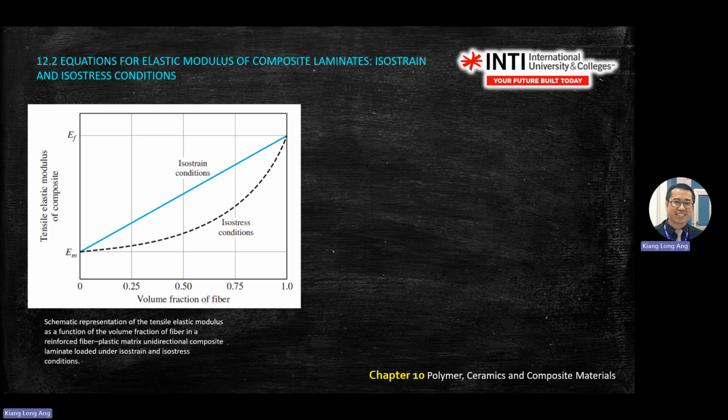Why do you get a straight line? This is a very common question. Why is the blue line in isostrain? I wrote on the whiteboard already.